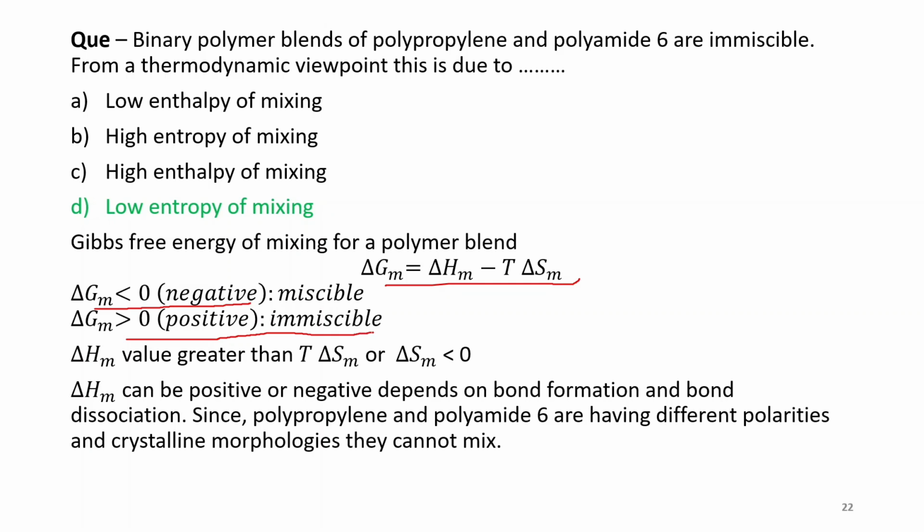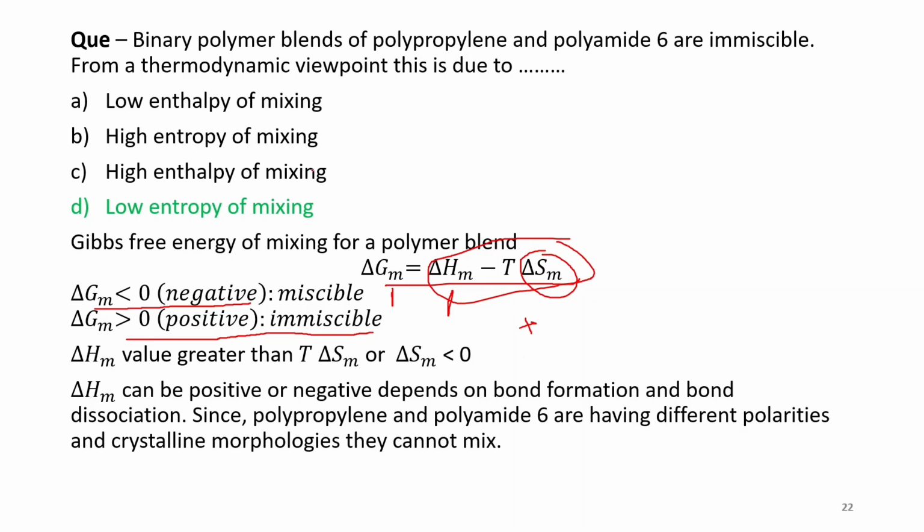So the change in the free energy of mixing should be greater than 0, or positive. So for the left hand side to be positive, the overall term should be greater than 0, right? So for this, delta Hm should be greater than T delta Sm, or the delta Sm value should be less than 0, so that minus minus becomes positive and the overall becomes a positive value.